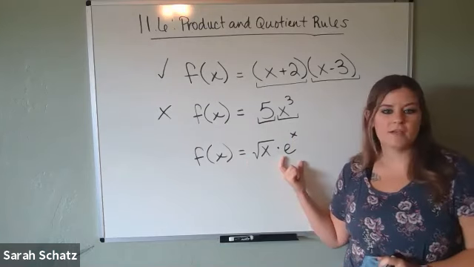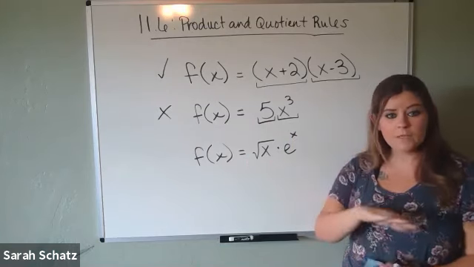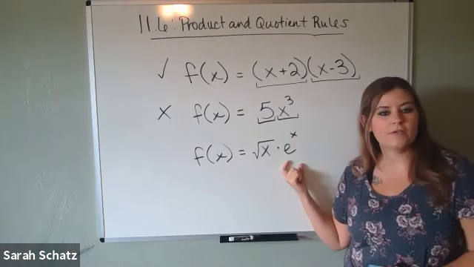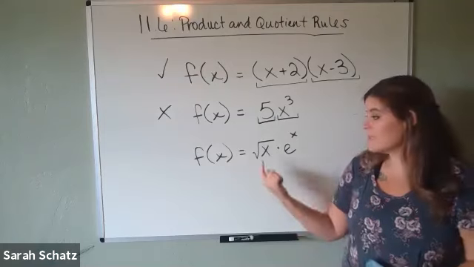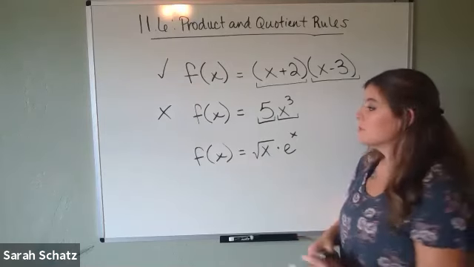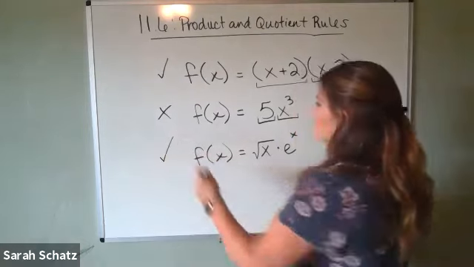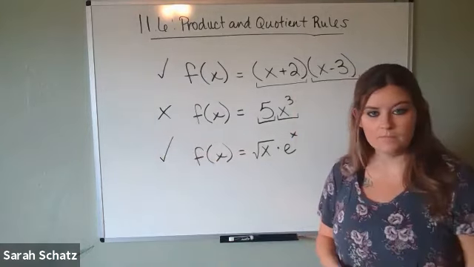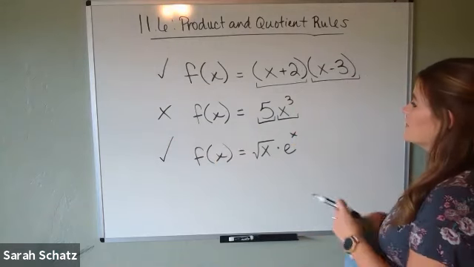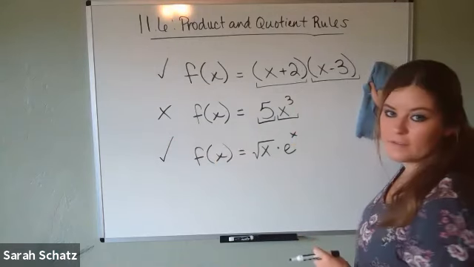But you guys, I haven't taught you how to deal with this yet. But regardless of that, is this a product of two functions of x? And I would say yes, because both factors have an x variable in them. So this would be an example of where I would have to use the product rule. Okay, so that should help on, do I need it? Do I not need it?